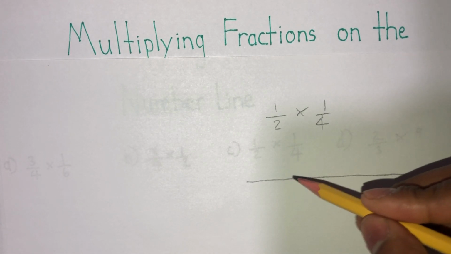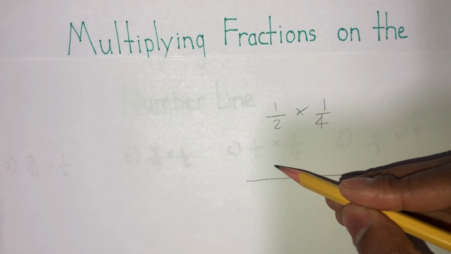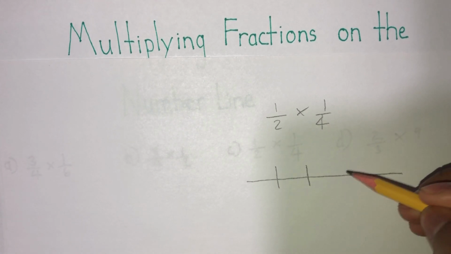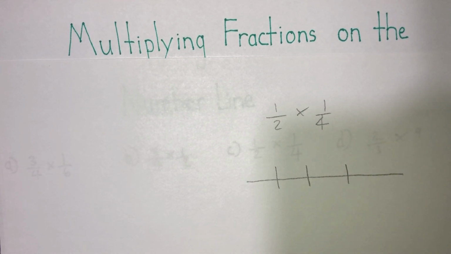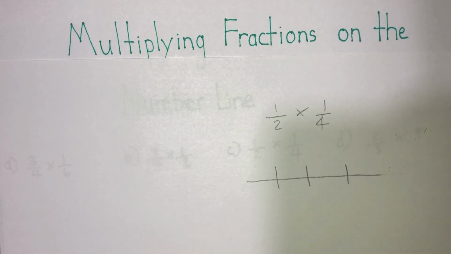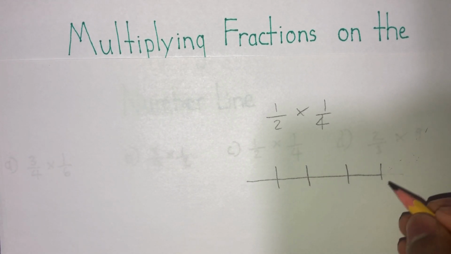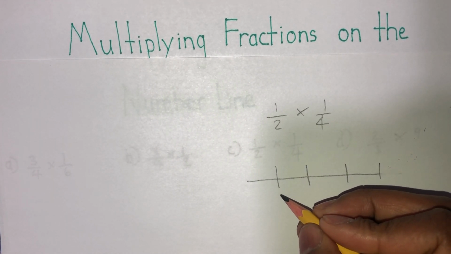And we're going to divide it into 4 equal parts. 1, 2, 3, 4. So we have 4 equal parts.